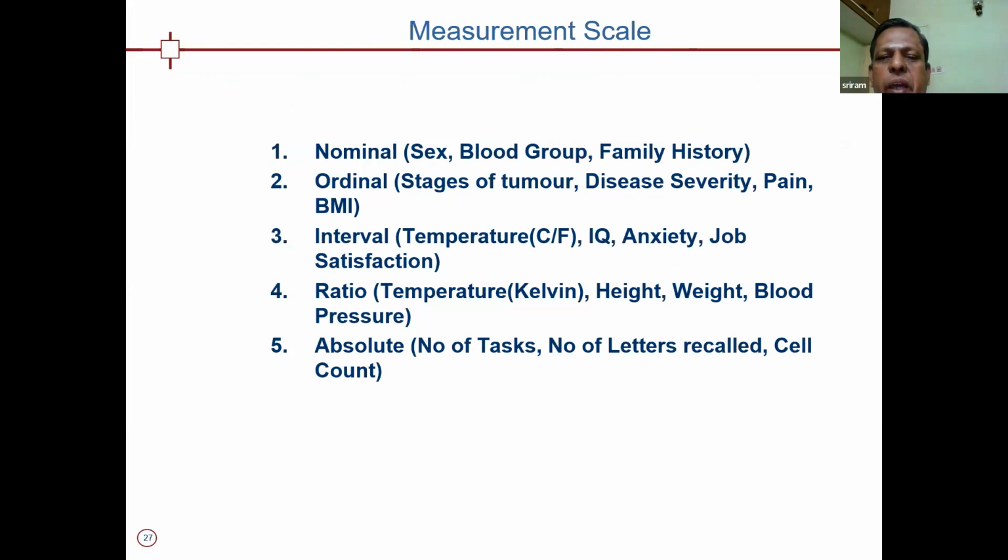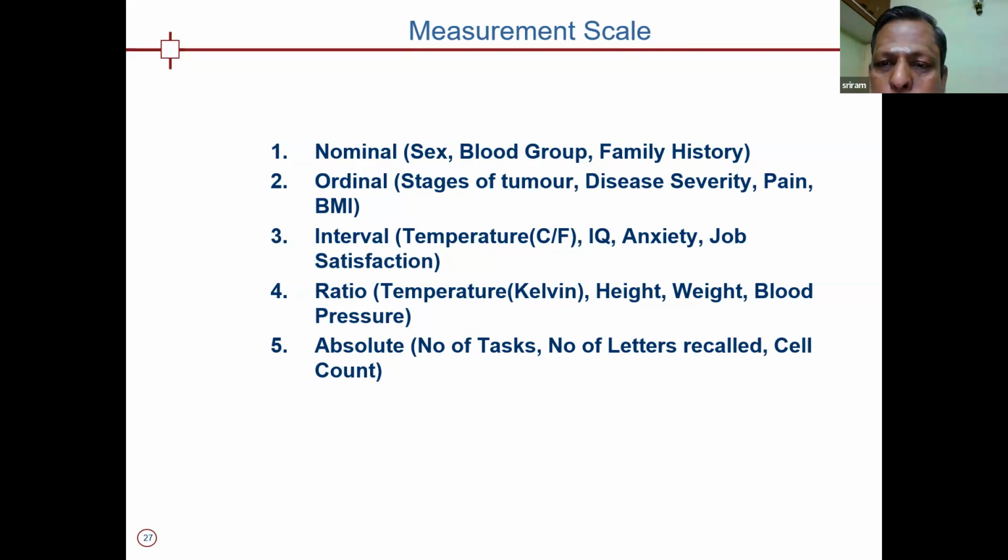So there are different types of variables in clinical research. One is called qualitative variable and the other quantitative variable. Qualitative variable is more of a category. Sex, blood group, family history are called qualitative variables. In qualitative variables, there are two different types of scales: nominal scale and ordinal scale. The difference is you can rank the category.